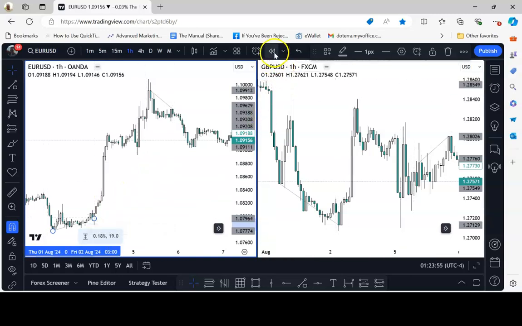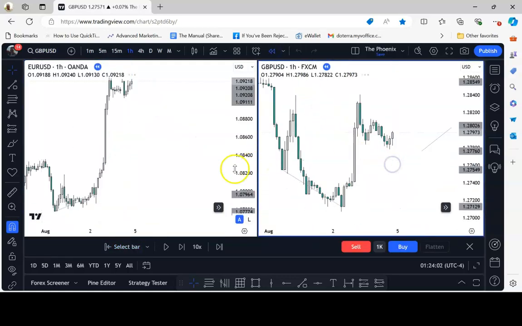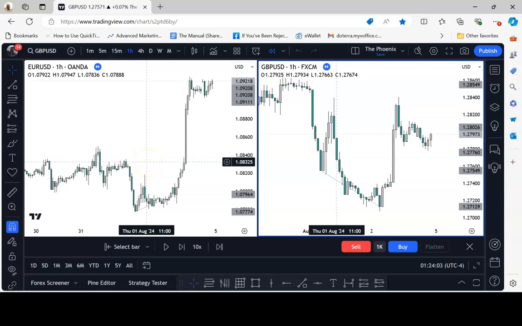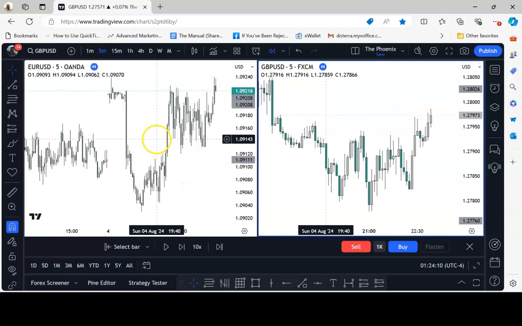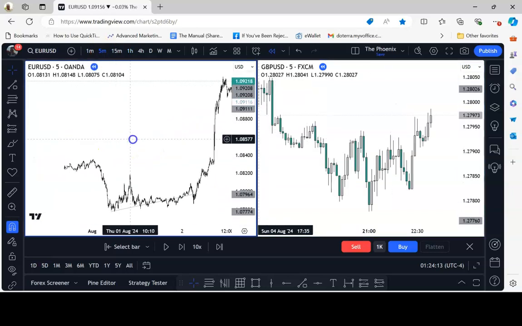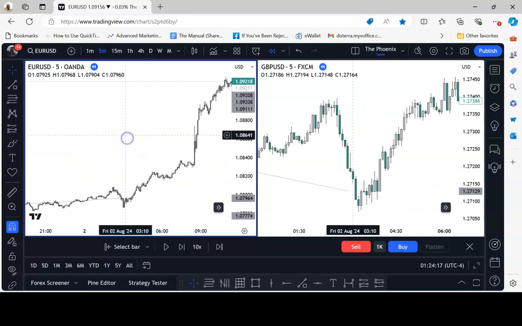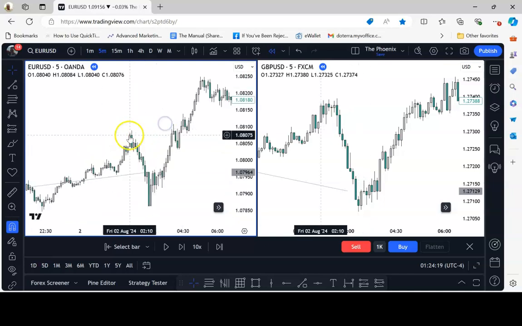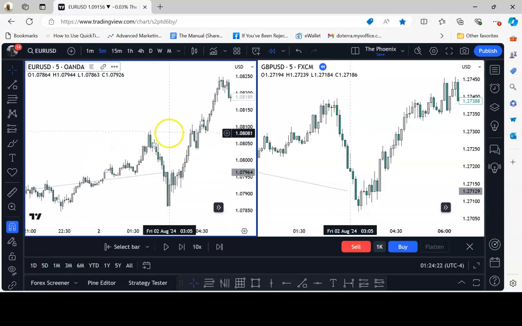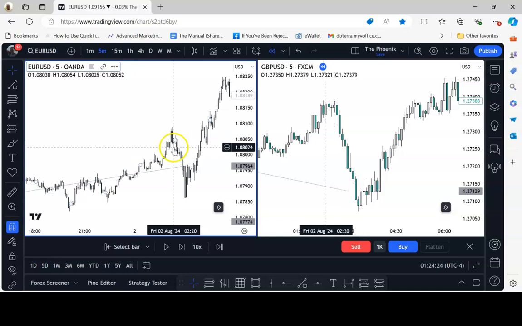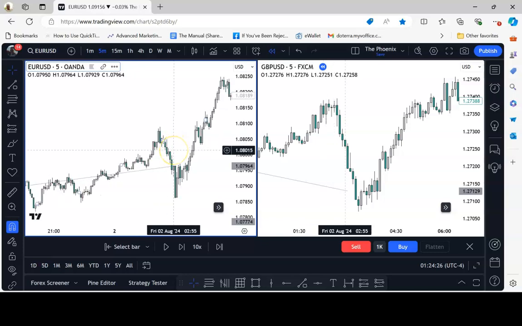So let's say we were looking for this entry here. Obviously price went further, but let's see how this would have played out. The aligned time frame would have been the 5-minute time frame from the 1 hour. We're working with the stronger asset, which is the one that made a failure swing. So you're looking for the candle that swept liquidity.